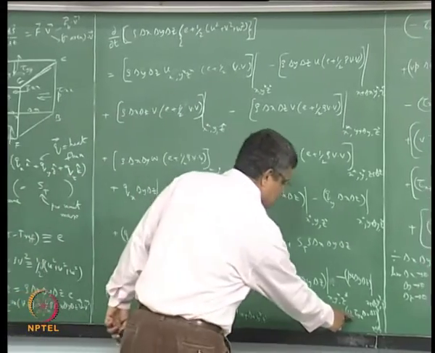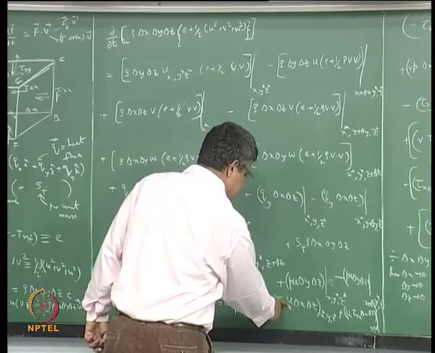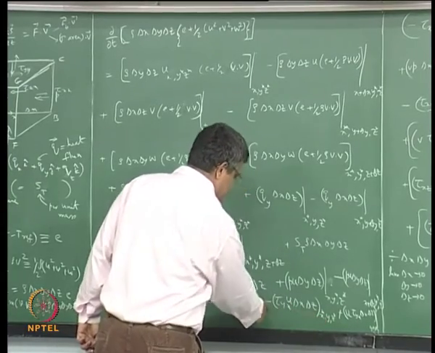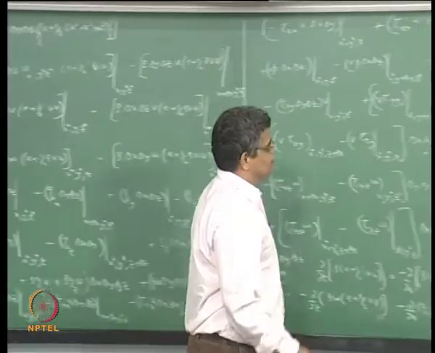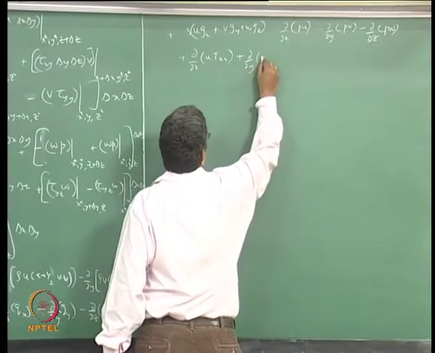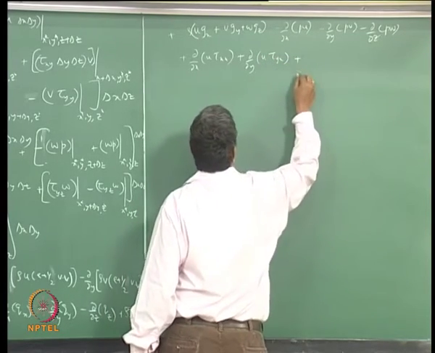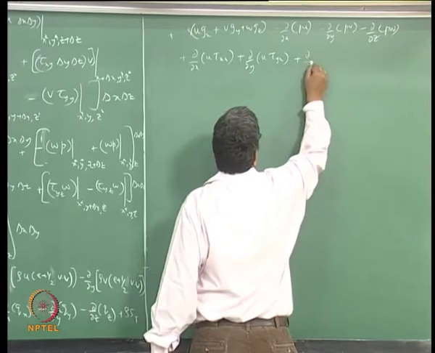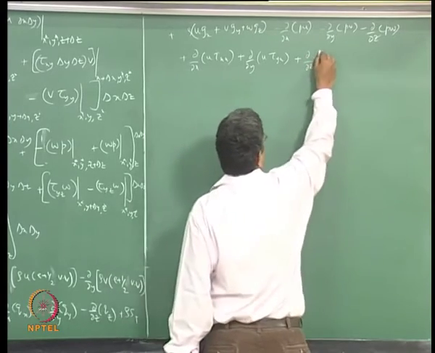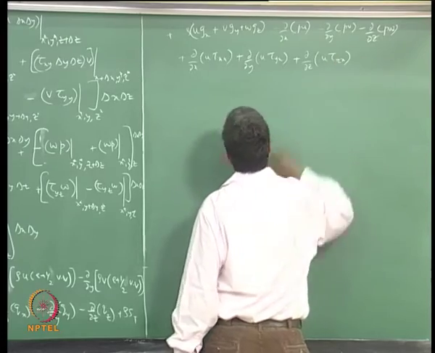So this is u tau yx at y plus delta y and u tau yx at y with a minus sign. So that will give us plus dou by dou y of u tau yx, and similarly the z faces will give us plus dou by dou z of u tau zx.